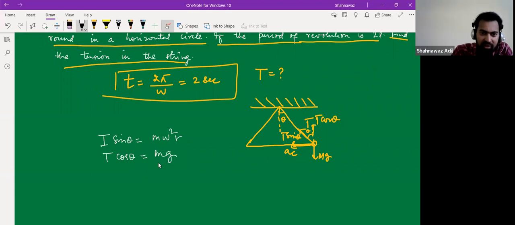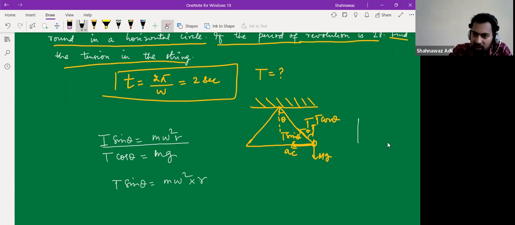So we can't divide this. Okay, so let's just take this part. So from here, T sin theta is m omega square and r, right? So r is what? This is your r. This is L, right? And this is theta, right?